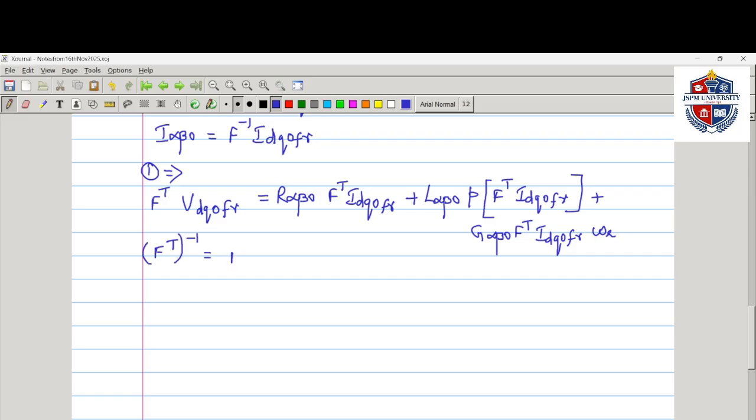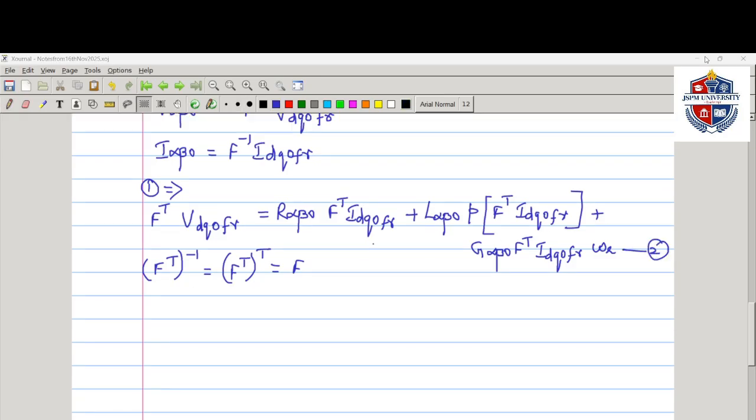F transpose inverse is nothing but F transpose the whole transpose, that is nothing but F. Therefore, we can write, let me take this equation. P is nothing but d by dt. Already we know this, d by dt.